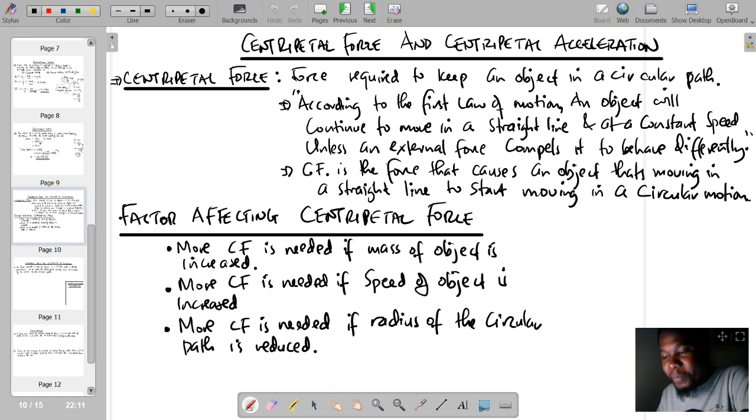Okay, so first of all, let us understand something. We'll start by defining the centripetal force.